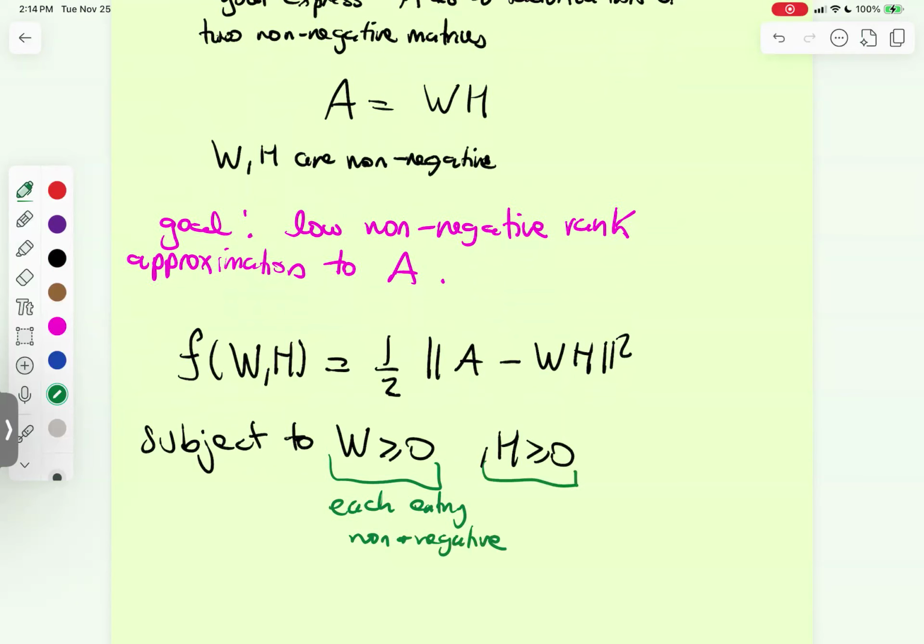So it is an optimization problem with constraints, but it's a little bit different from the usual inequality constraints. So I'll tell you about how that works.